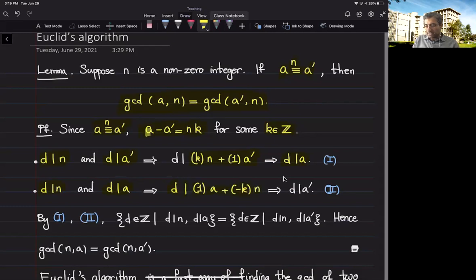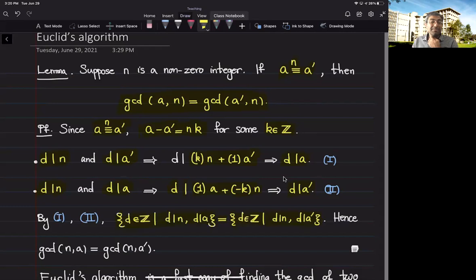And again, looking at this equation, this side is nothing but A prime, and therefore d divides A prime. d divides A prime, d divides n. So knowing that d is a common divisor of n and A implies that d is a common divisor of n and A prime. Again, altogether we get that the set of common divisors of n and A is the same as the set of common divisors of n and A prime.